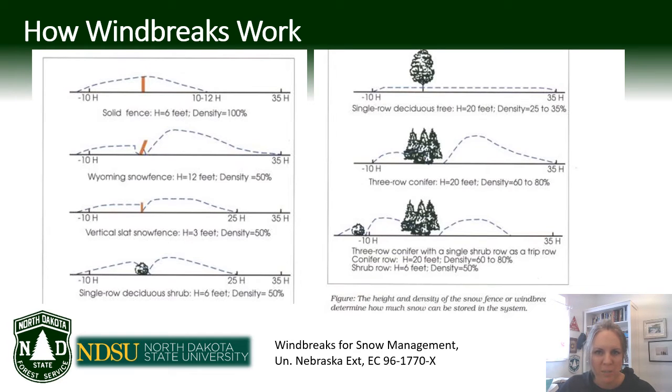In a farmstead scenario or along a roadway, we want to make a big drift because big drifts hold a lot of snow that won't be blowing around. But we want those big drifts to be located out of our way. A properly functioning windbreak will trap and store snow where we want the snow to be.